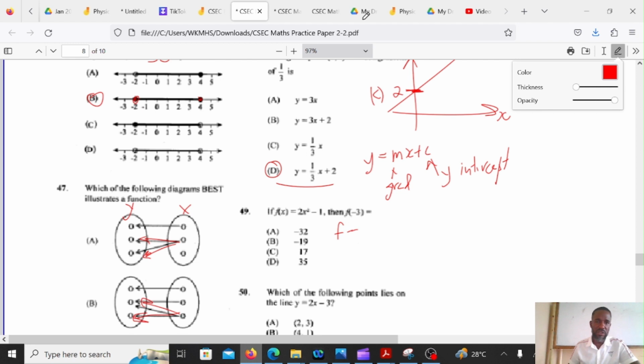So it is equal to 2 times (−3)² minus 1. (−3)² becomes 9, so 2 times 9 minus 1. Two 9s become 18, 18 minus 1 becomes 17. So the answer here is 17.